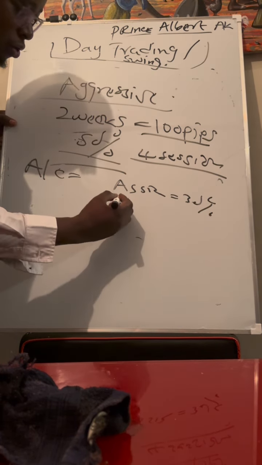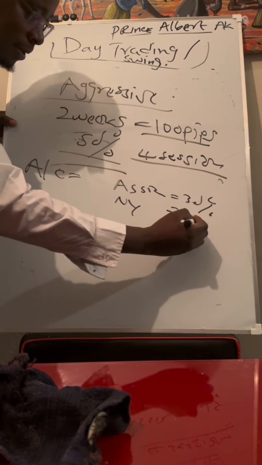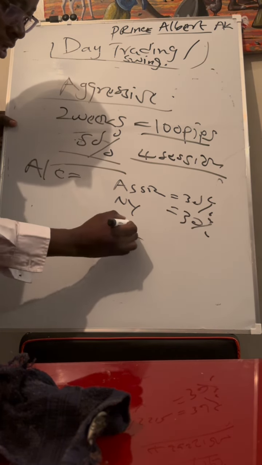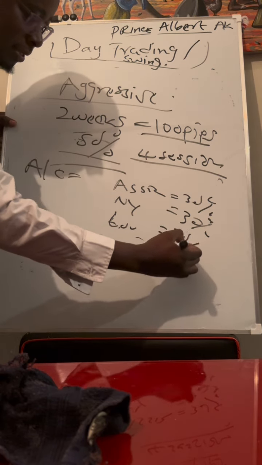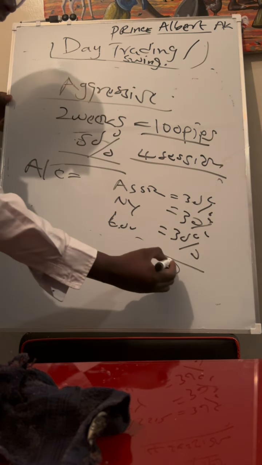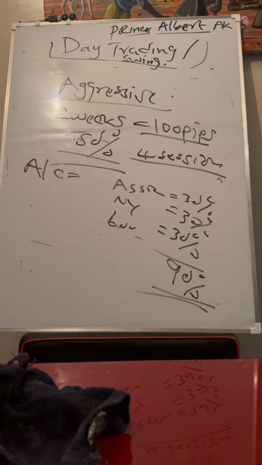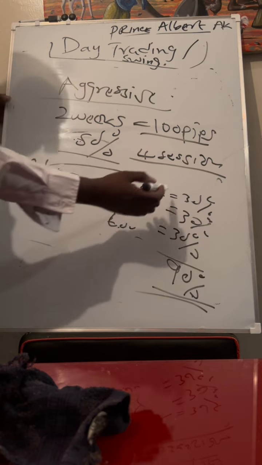New York session, same 30%. London session, again give it another 30%. That means at least you have a 90% return in a good period of 1 month or so, if you are doing aggressive trading.